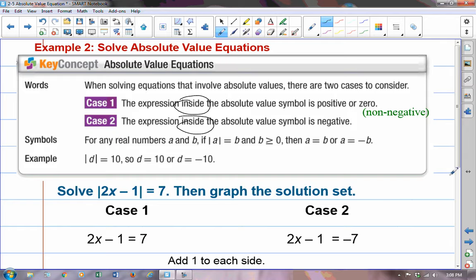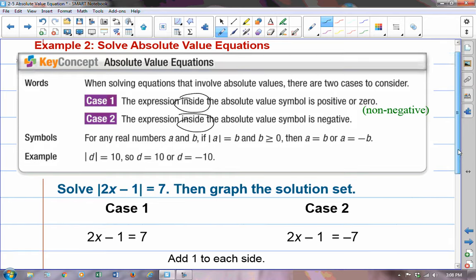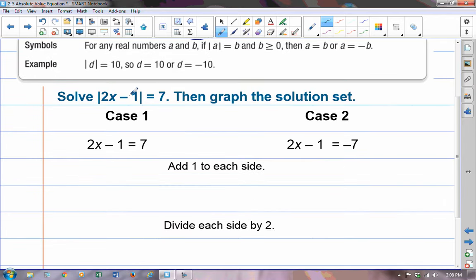So we take what's inside the absolute value, the 2x minus 1 in this case, and you take it outside of the absolute value bars, and you set it equal to a positive number. And then you take that same thing, what is inside the absolute value bars, and you set it equal to the negative value. So they're set equal to opposite values.